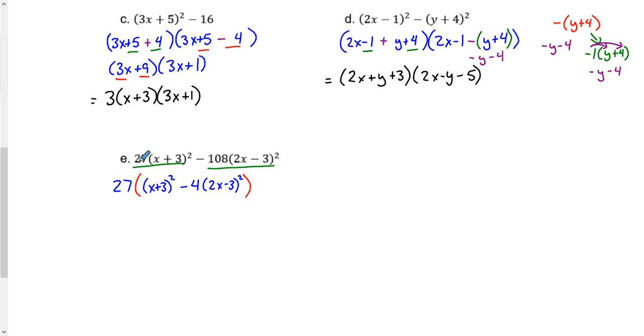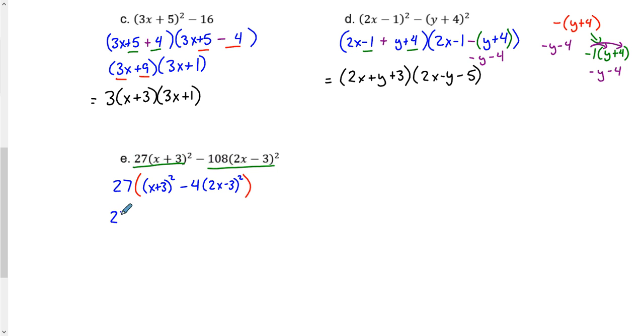Because this is 27 being multiplied by this x plus 3 squared, that does not separate these two things from being different things. They are a term. But within this one term, we have a binomial, which is two terms. There's nothing common between an x and a 3, and there's nothing common between a 2x and a 3. There is something common between the 27 times x plus 3 squared and the 108 times 2x minus 3 squared. It's that 27.